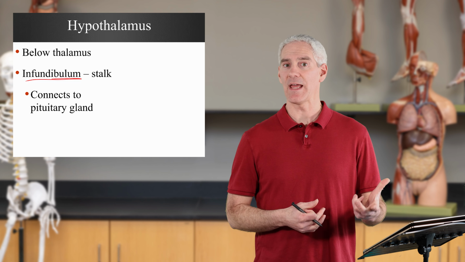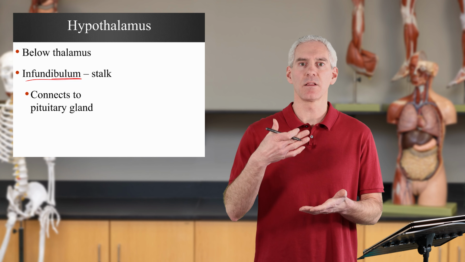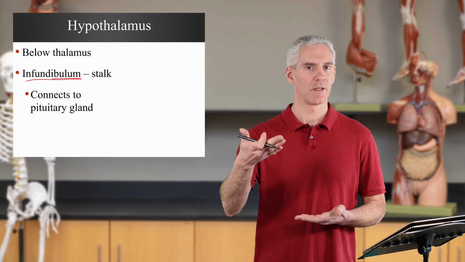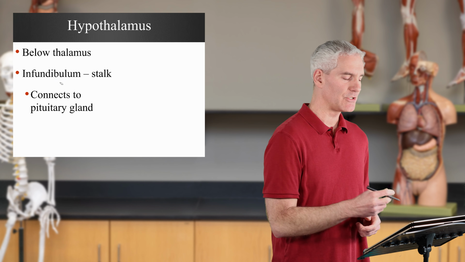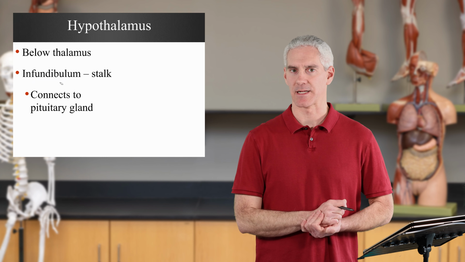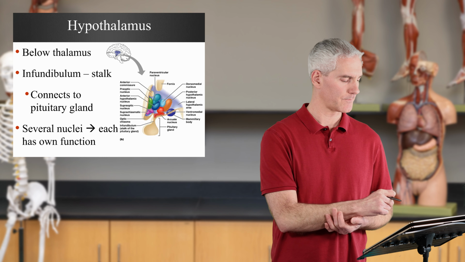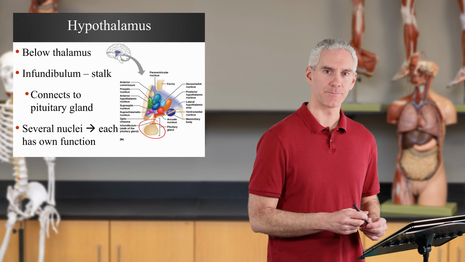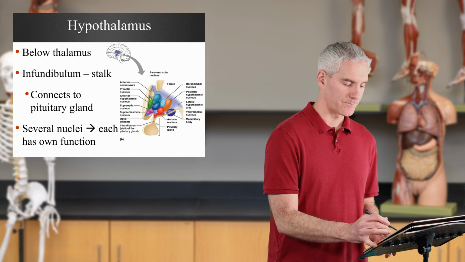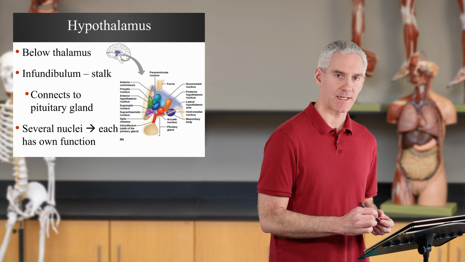So that means the hypothalamus is serving as a link between the neural and the endocrine. So that's what's found just at the most inferior aspect of the hypothalamus. And for the pituitary, that's this part right here. The infundibulum is this stalk that connects it.